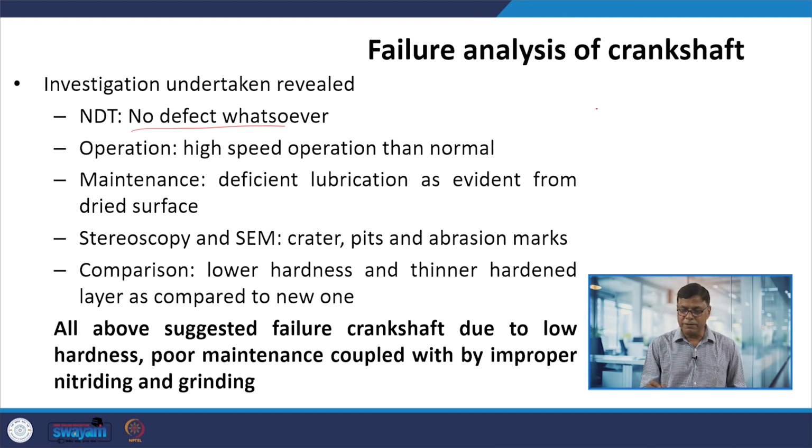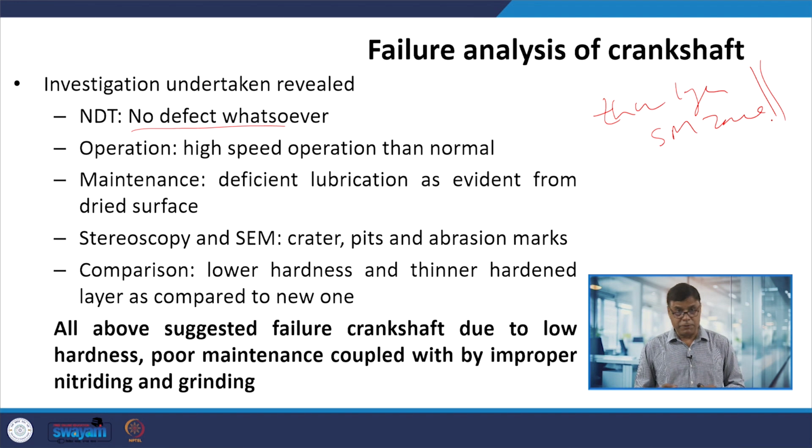The only issue was a very thin layer of the surface modified zone. There is a possibility that nitriding was done up to a lesser depth, or during the grinding it was removed. Operation was done at a higher speed than the normal one. This was another reason which was identified. There was no proper lubrication. So, deficient lubrication was another reason.